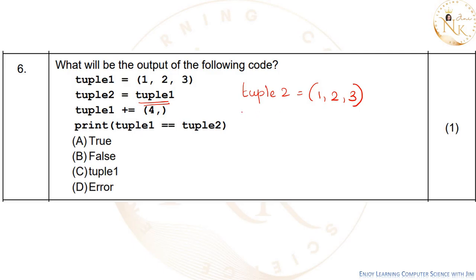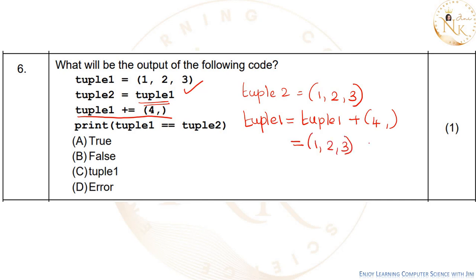Now in the next line it is given tuple1 plus equal to 4, that means tuple1 is equal to tuple1 plus 4. So when plus equal is given, it will add that element 4. Okay. So your tuple1 is 1, 2, 3, 4.